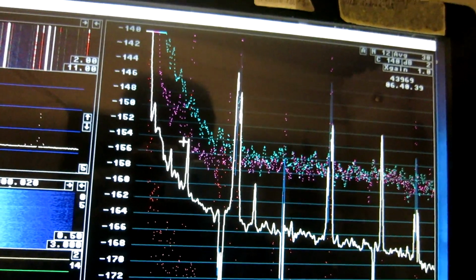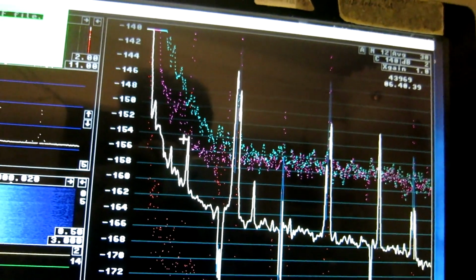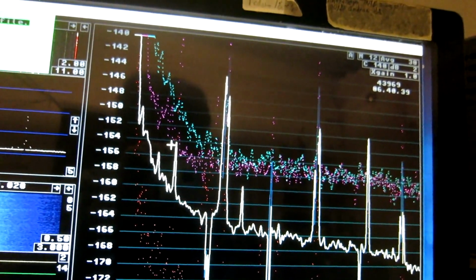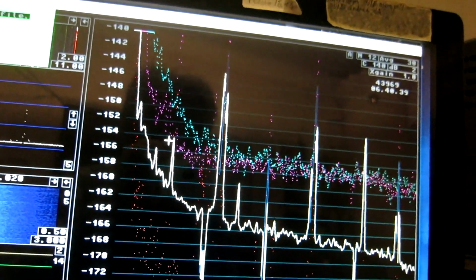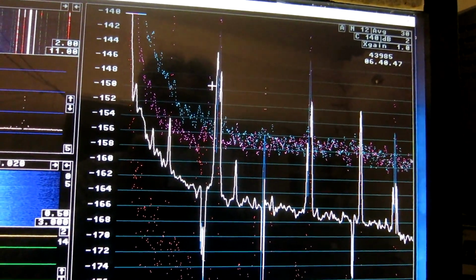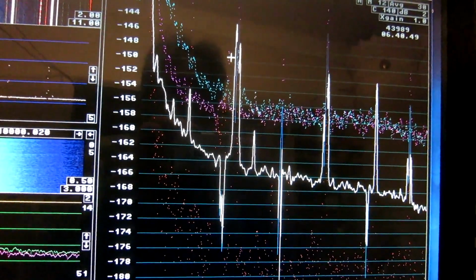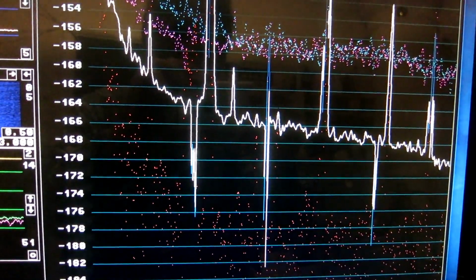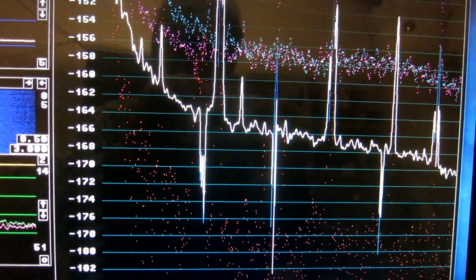And of course save this also. And I will measure the values of the amplitude and phase noise from these graphs.